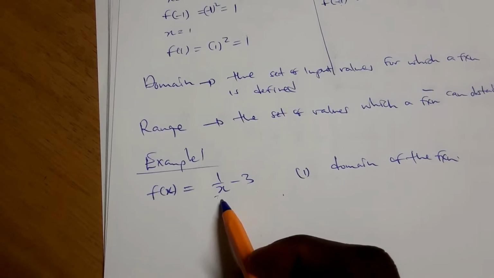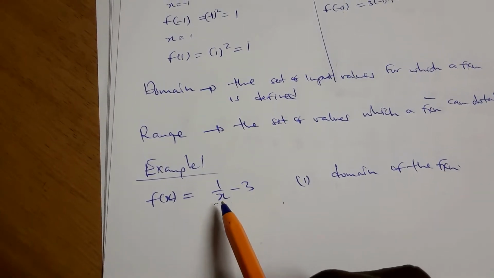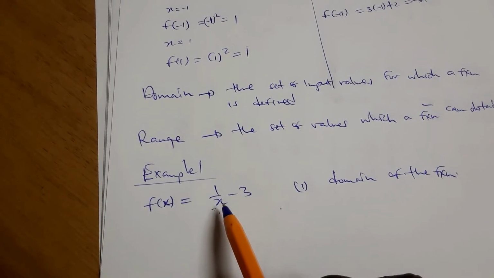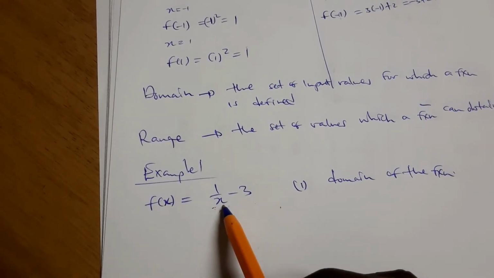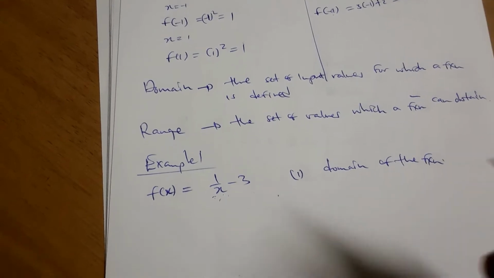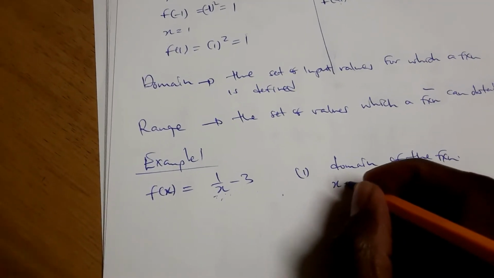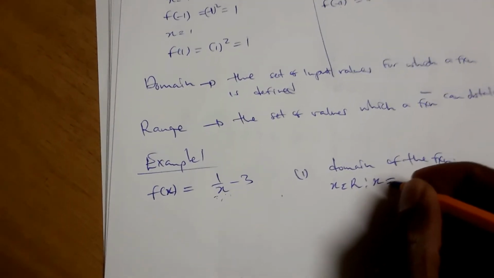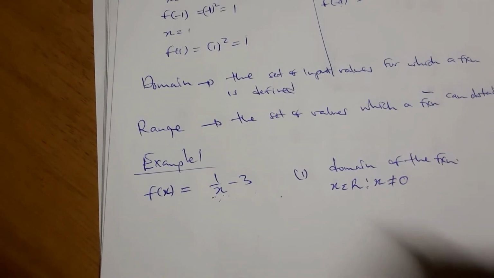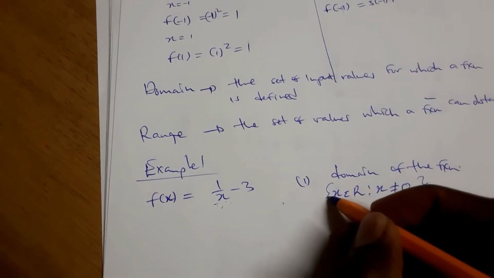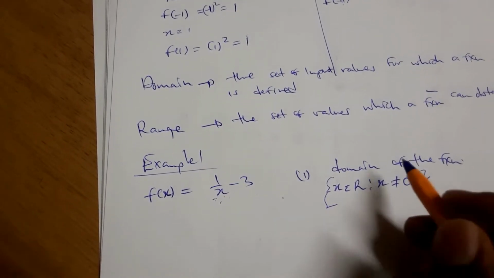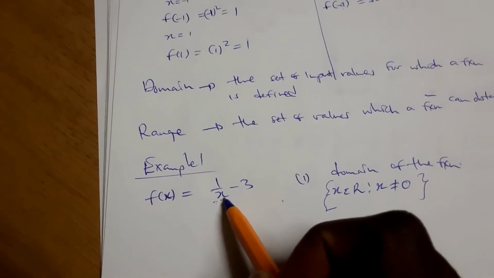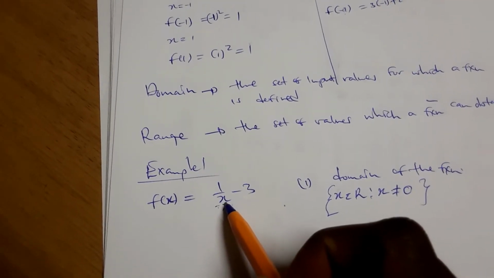This function is defined when we input any value of x, which is a real number, but only except when x is equal to 0. So we are saying the domain of this function is x is an element of real numbers, but for which x is not equal to 0. So this is the domain of this function. So x cannot be 0 there, because if it is 0, then this function becomes undefined.